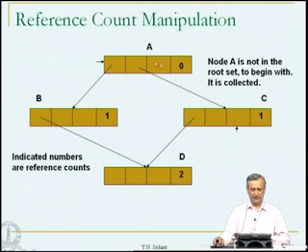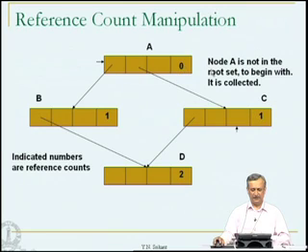So, here is a data structure. There are 4 nodes A, B, C and D. A was pointed to by some programmer defined variable. The programmer did not want this data structure anymore. So, he made the pointer which points to A point elsewhere, so this particular thing became garbage, it is not reachable anymore. But the reference counting fields do not say the same thing.